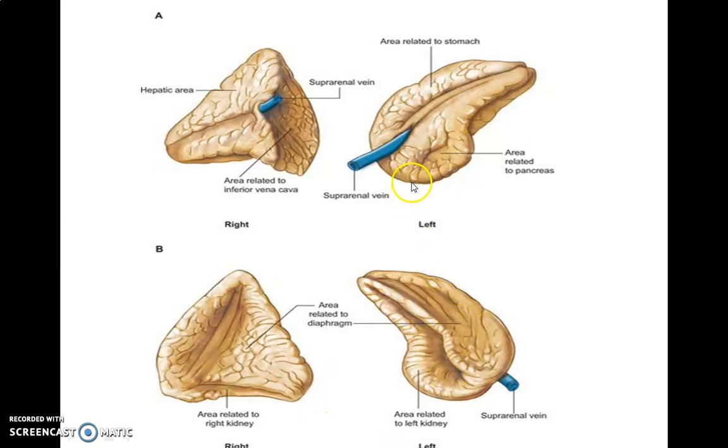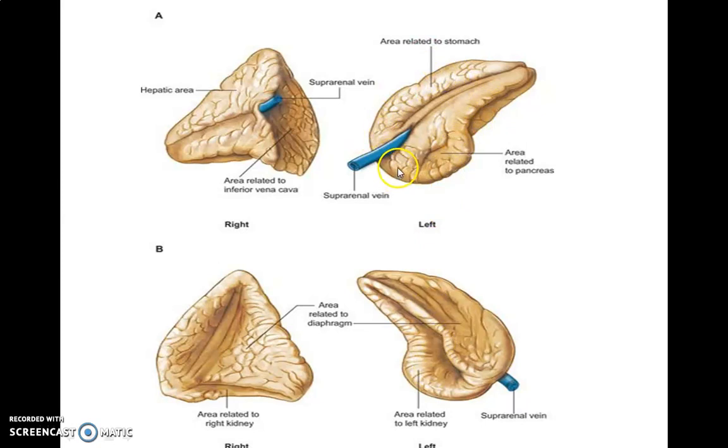The anterior surface presents an upper area and a lower area. The posterior surface is divided by a curved ridge into a lateral area and a medial area. This is the lateral border, this is the medial border.